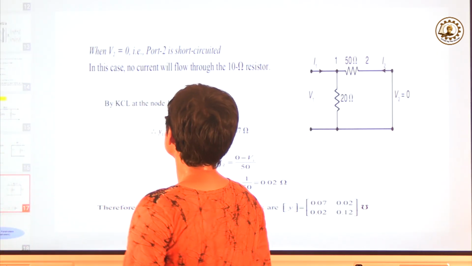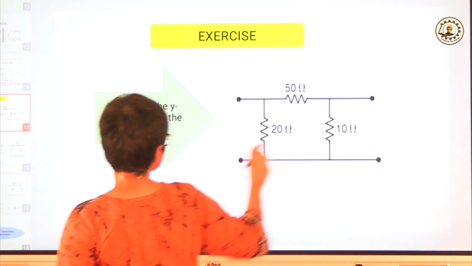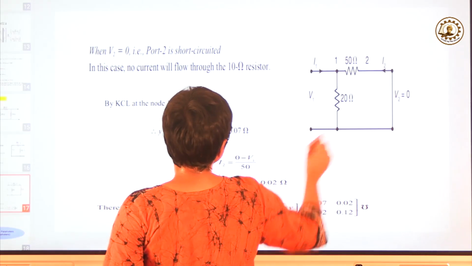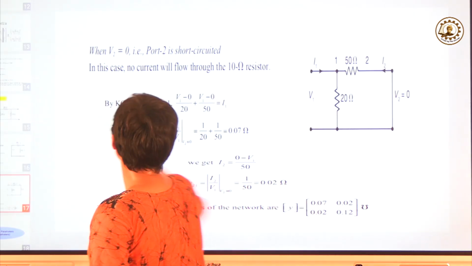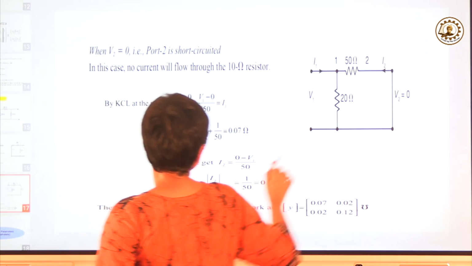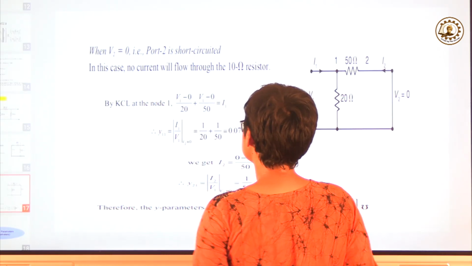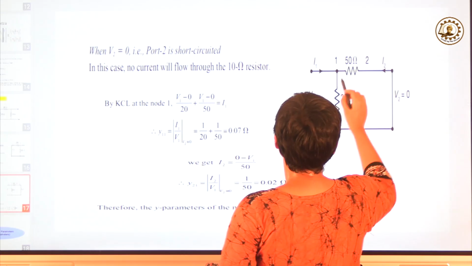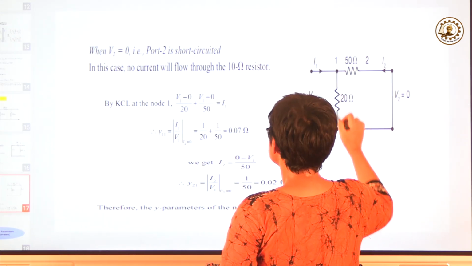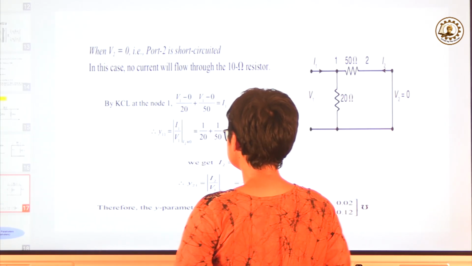Now we will short circuit port 2. If we short circuit port 2, then the 10 ohm resistor will be of no use. So if we redraw, the circuit will be like this. Now if we apply KCL at node 1, we get (V1 minus 0) by 20 plus (V1 minus 0) by 50 equals to I1.